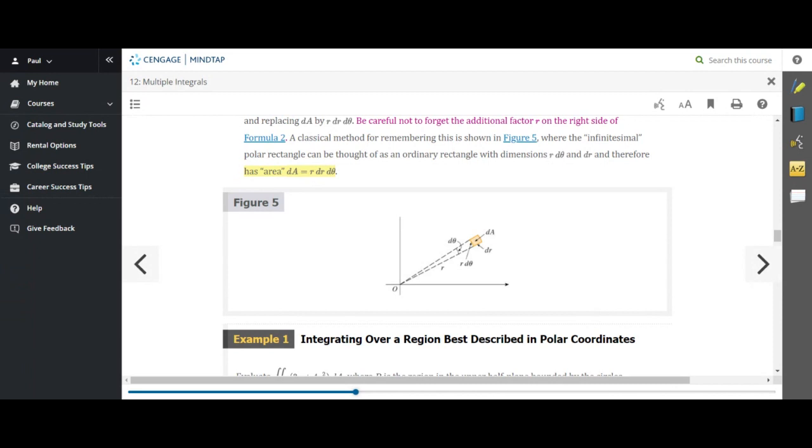For the length of an arc, or the sector of a circle, it is equal to the radius times the difference in the angles.